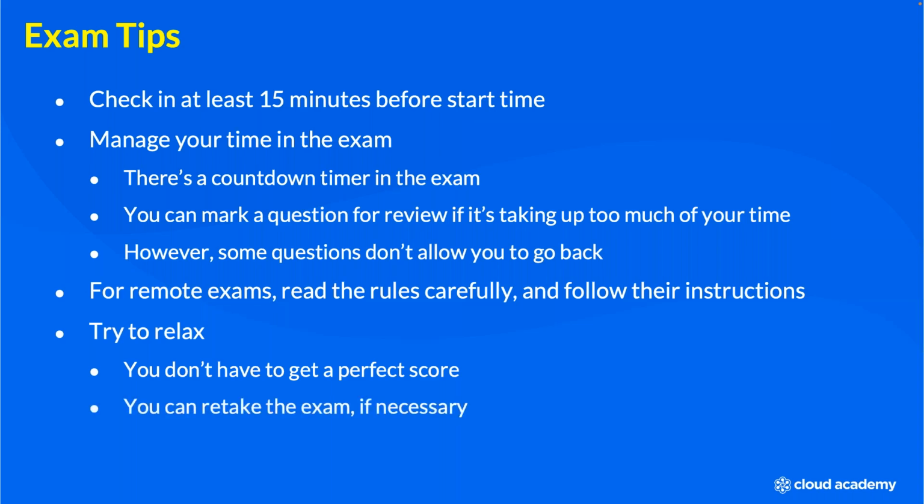But even if you get below a 700, you can always retake the exam if you have to. It's pretty easy to do a retake. They give you, I think it's 5 per year that you can take. And yes, you do have to pay for it when you take it again, but assuming that you can pay for it, it's not that big a deal. So do try to relax.